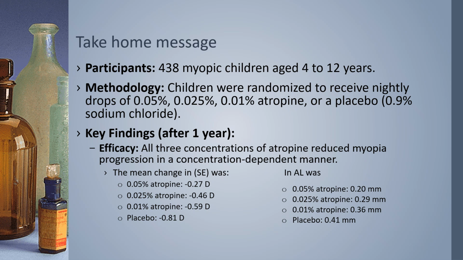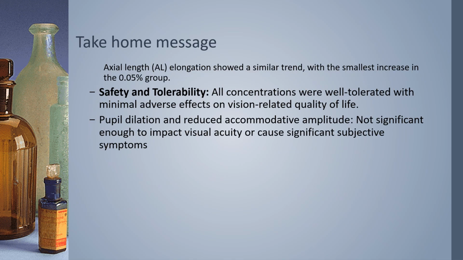Even in the ATOM 2 study, in the second year, they had a better control compared to the first year with atropine 0.01%. Now, the take-home message obviously was that 0.05 was much better than 0.025, which was much better than 0.01, which was slightly better than placebo.